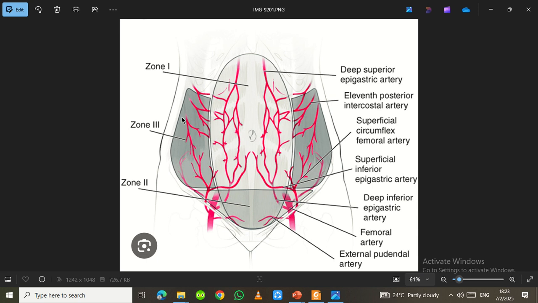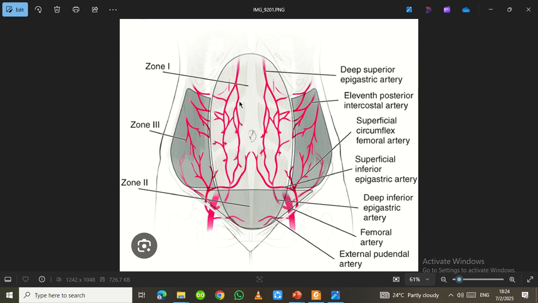Zone number 3 is your flank region, just the lateral region. So now you can understand that the blood supply is classified into these three zones. These are called the Hager's zones. Let's start with zone number one.